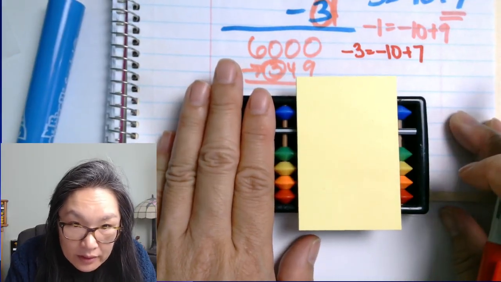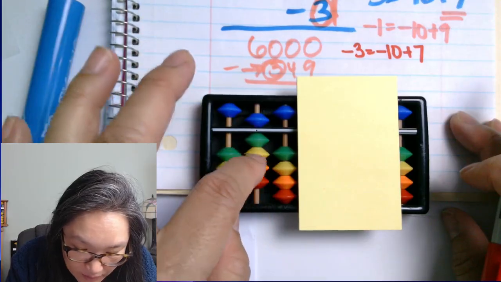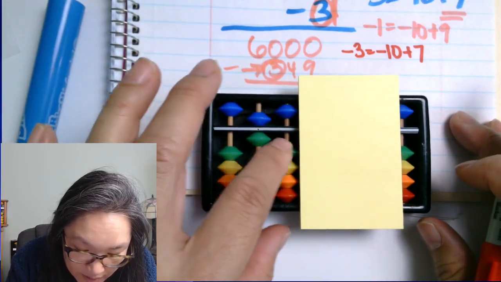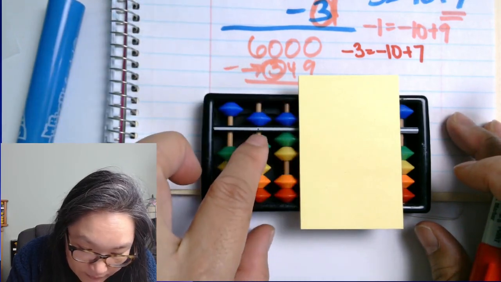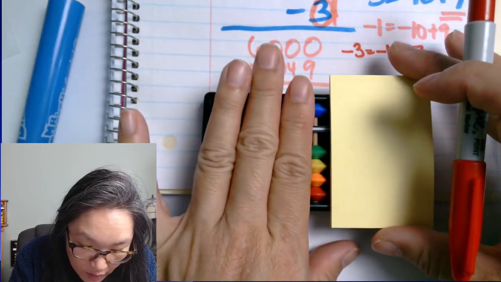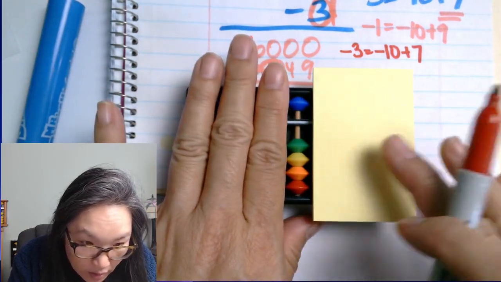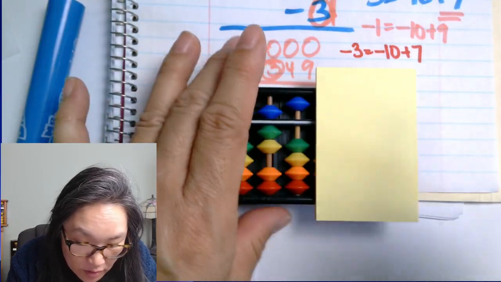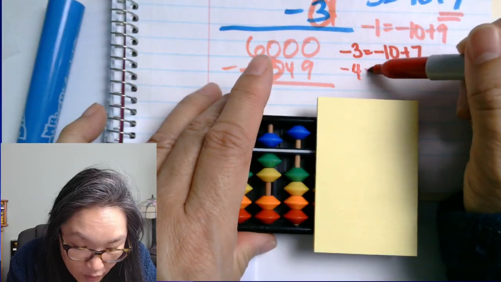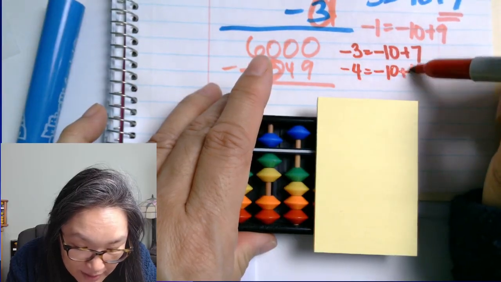I can reiterate it. I'm going to add the 7 because I don't want to forget, and I take away the 10. So now I need to do 4, right? Take away 4. When I take away 4, I have to take away 4 from the 0. So how do I take away 4? Minus the 4 is equal to minus the 10 plus the 6.